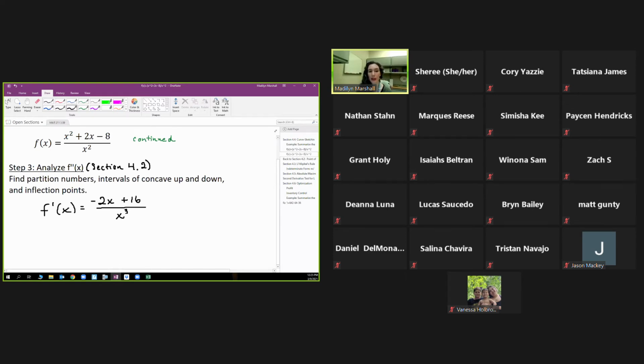We can use that same technique as we did for finding the first derivative, which is to separate it into parts and use the power rule, and then put it back into a rational function.